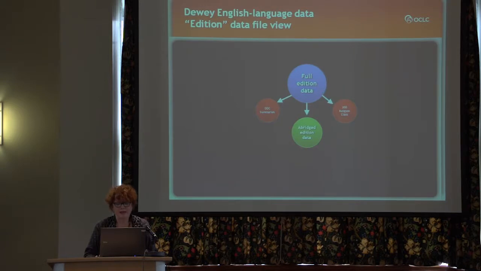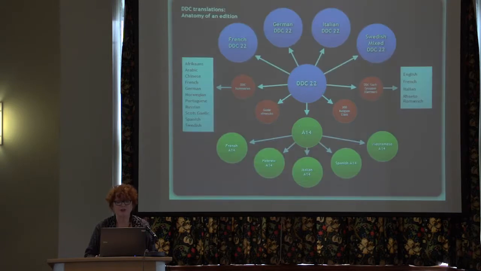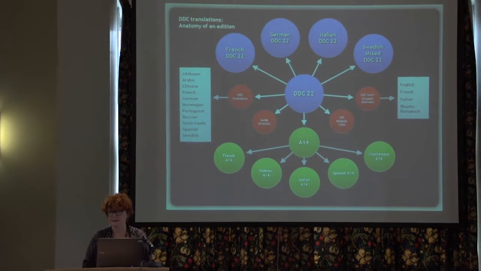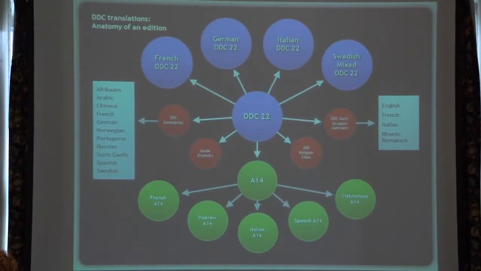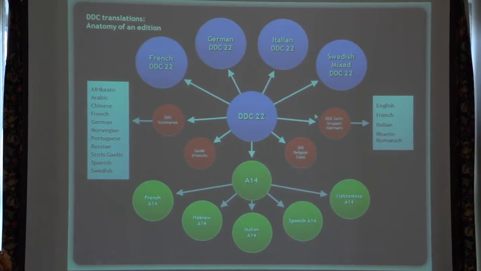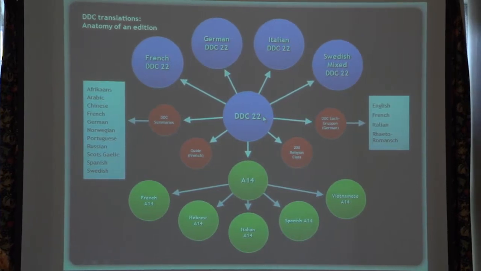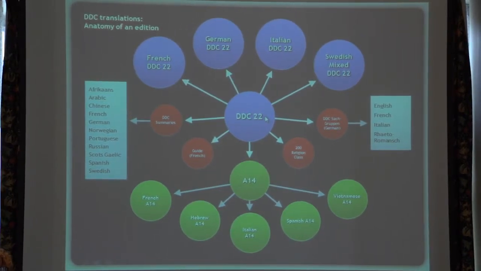So I thought I'd take this view and show you what happened with the full edition that was published in 2003 in print and web version, DDC 22 first. So you get a sense of what happens with this database. So DDC 22 was published in 2003 in a print version and a web version. In 2004, there was an abridged version published in print and web.